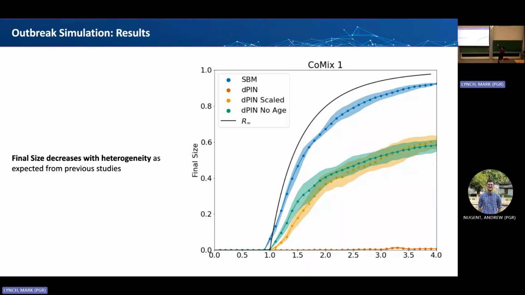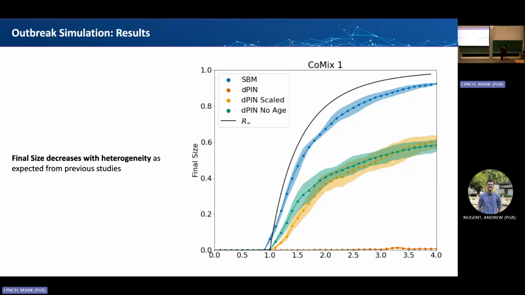The stochastic block model is quite close to it, so it has really large final size, quite close to the homogeneous model. And then when we scale by duration, it gets closer and it gets to a stage where we can actually use this to model outbreaks, whereas this one we wouldn't have been able to while trying to incorporate this secondary case heterogeneity.